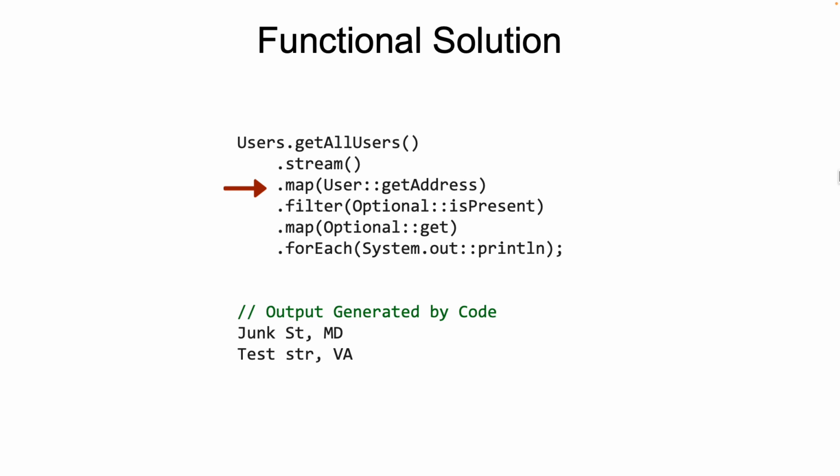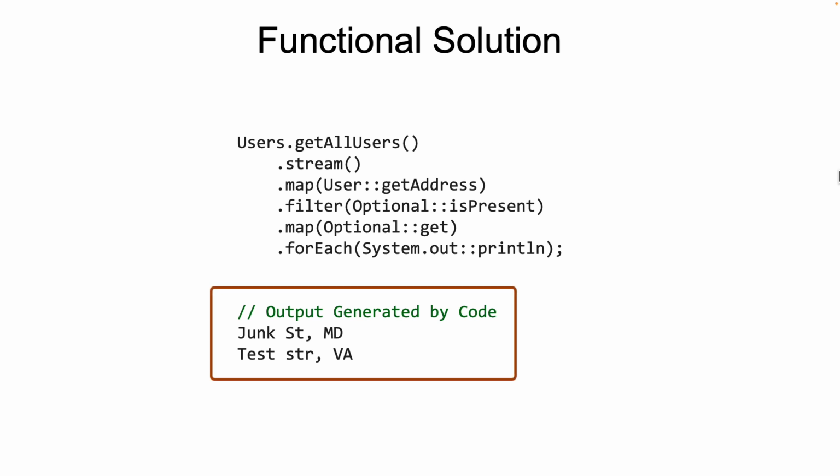Remember that getAddress returns an Optional String. We use the filter method to only look at the addresses which are available, and then again use the map method to extract the address using the get method. Now this guarantees that the addresses are always available before the get method is called. This works. You can see the output generated and it does not contain the address for Jack Doe because it's not available.